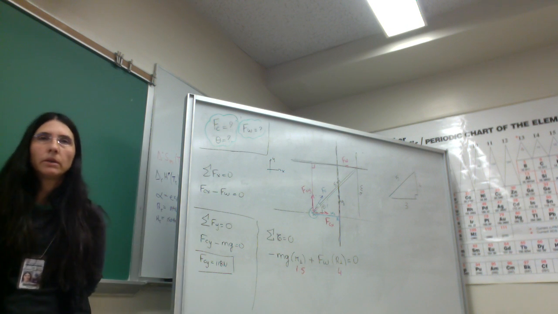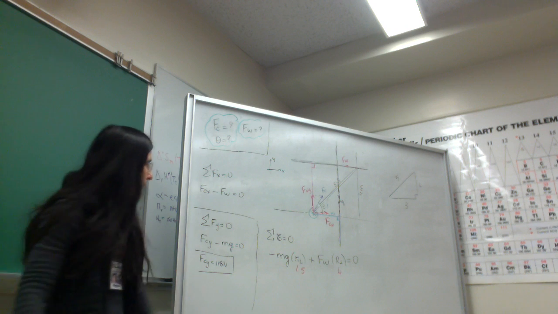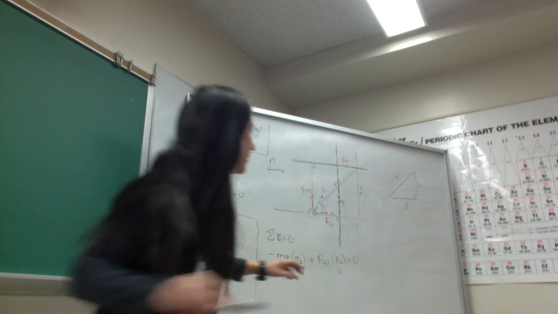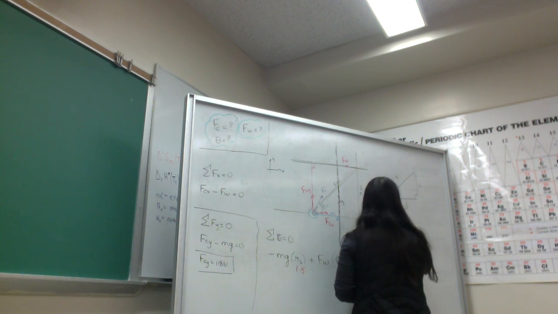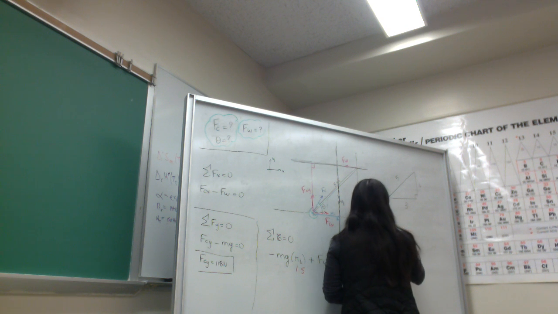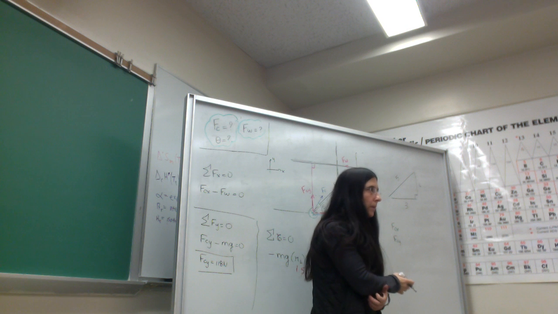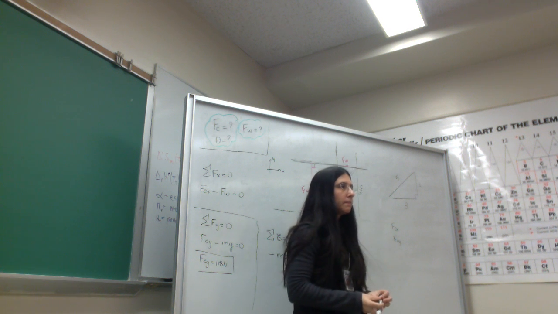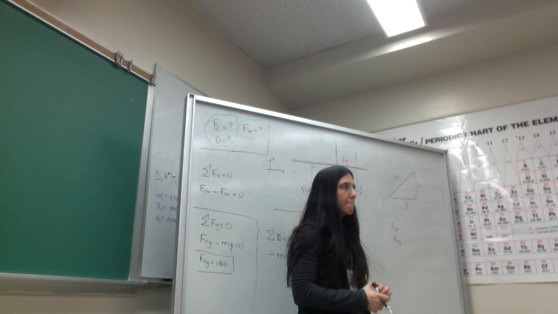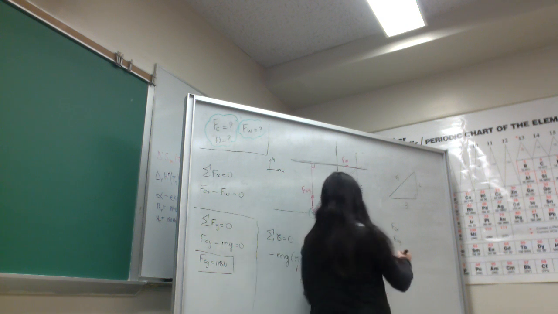Wait, say that again. How do you solve it? So you will find now a number for FCX, right? And you will have a number for FCY. Is this the answer of the problem? No. How do we find FC? FCX squared plus FCY squared, square rooted.